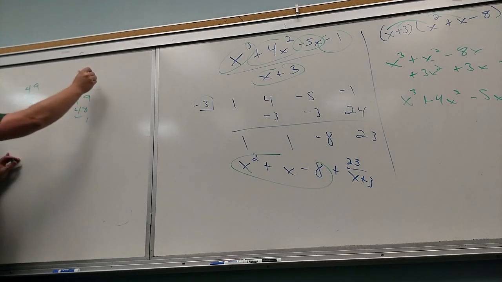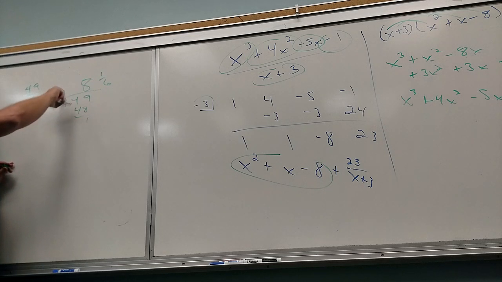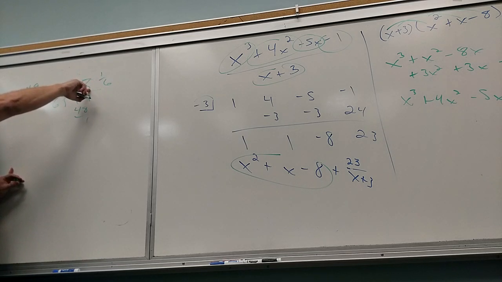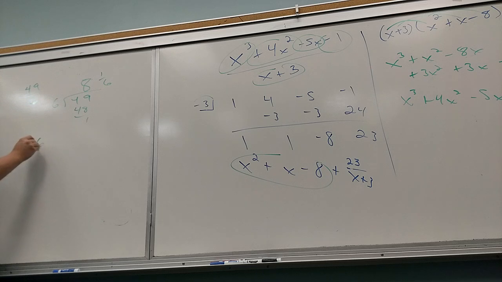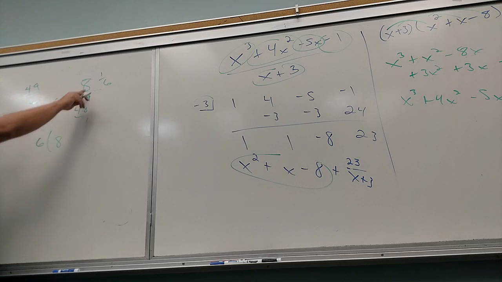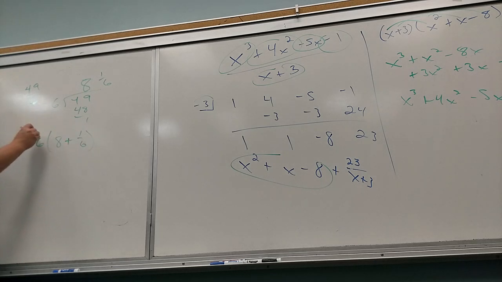And on the way, you see that 6 times 8 is 48, plus 1 is 49. And watch, you ready for something weird? What does 8 and 1/6 mean? It doesn't mean 8 times 1/6. We know better than that. What does 8 and 1/6 mean? What operation is hidden? 8 and, yes. 48. What's 6 times 1/6?